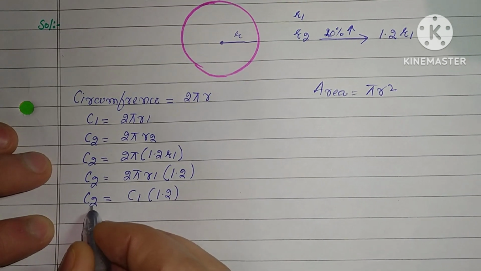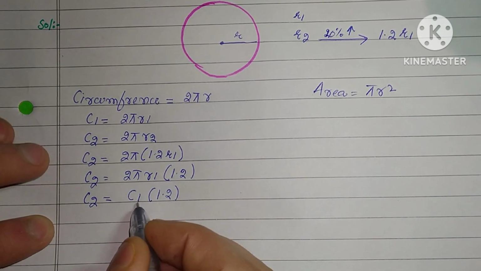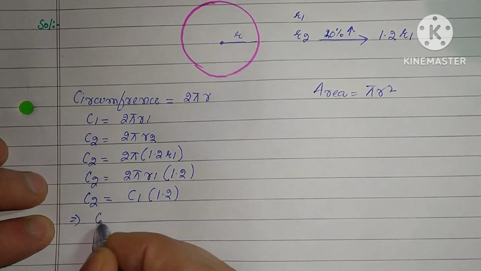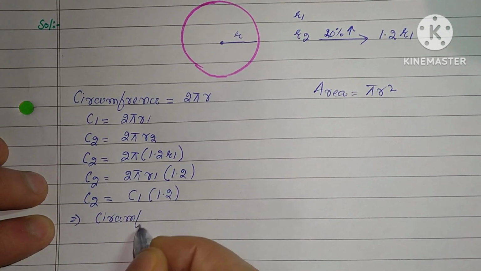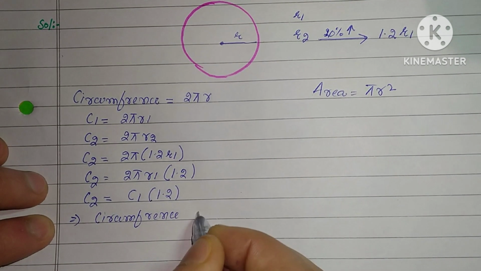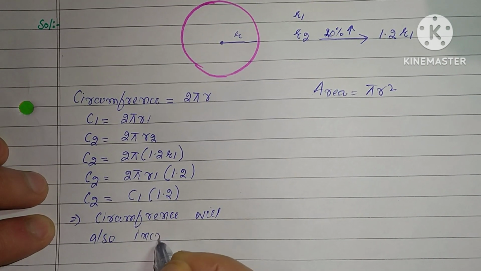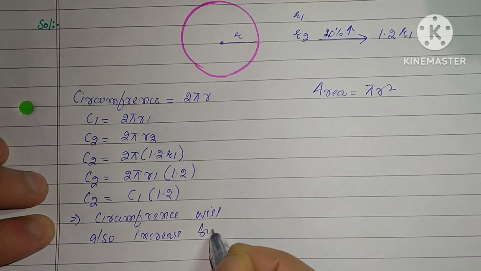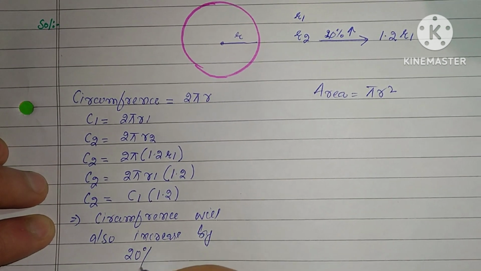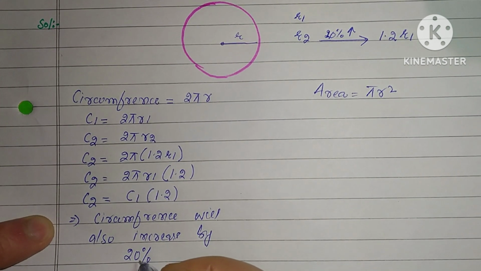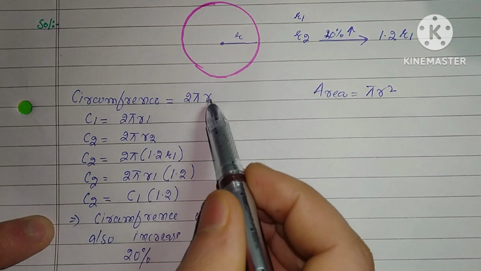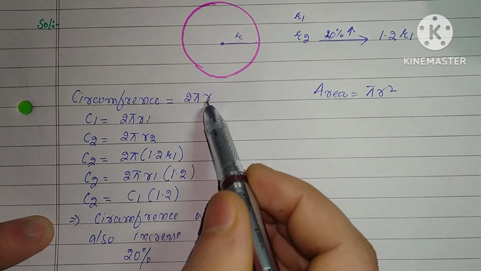Therefore the new circumference will be 20% more than the original circumference, which implies that circumference will also increase by 20%. Why does it also increase by 20%? Because circumference is linearly related to the radius.